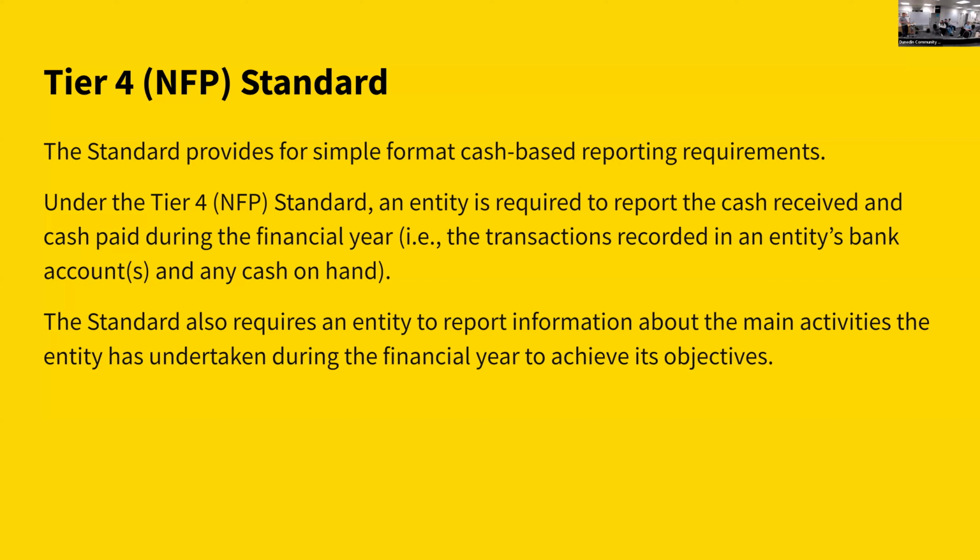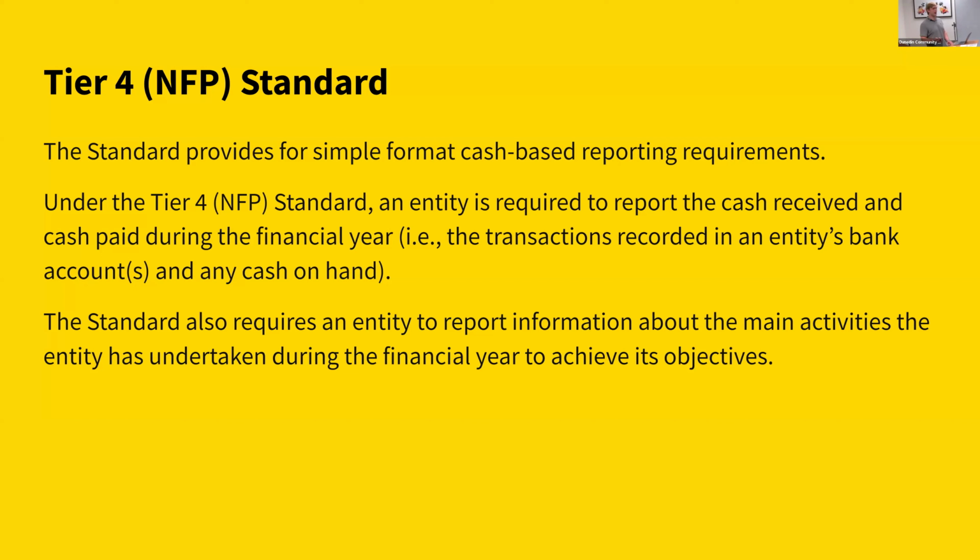So the first bit of the presentation is a little bit about the Tier 4 NFP standard. This standard is applicable for charities and incorporated societies, and its aim is to provide for a simple format cash-based reporting requirements.